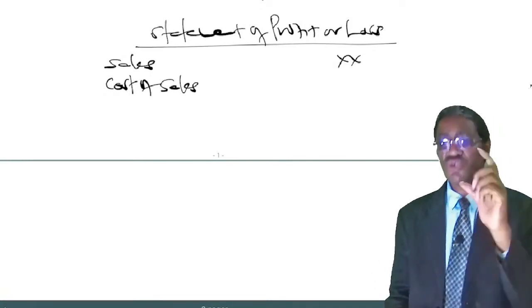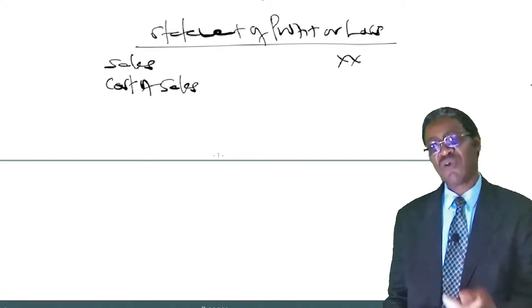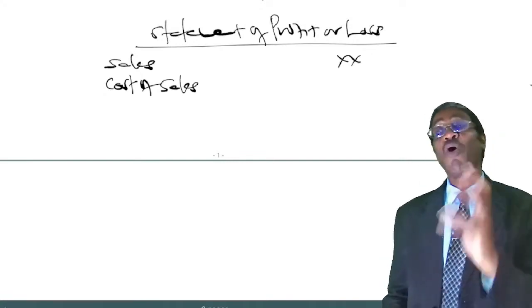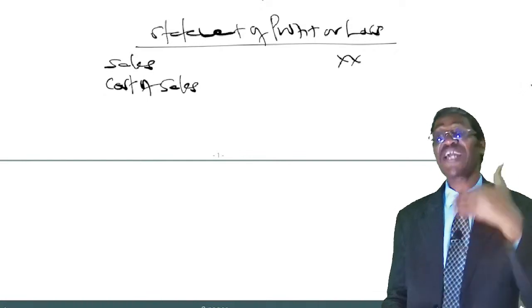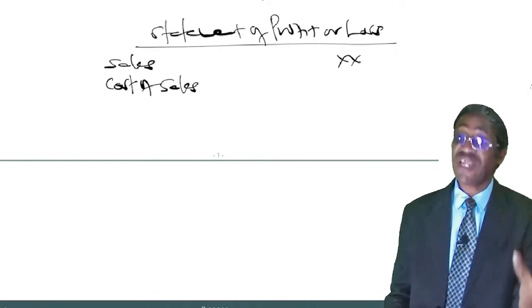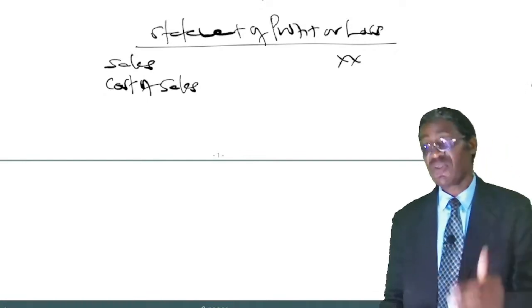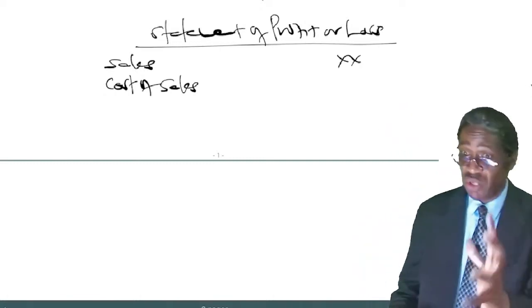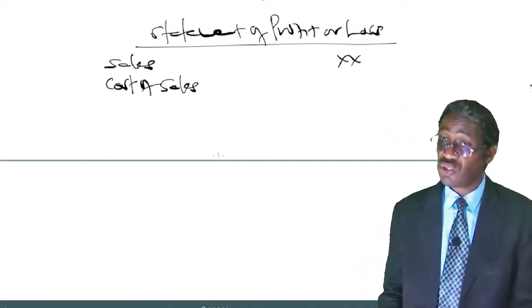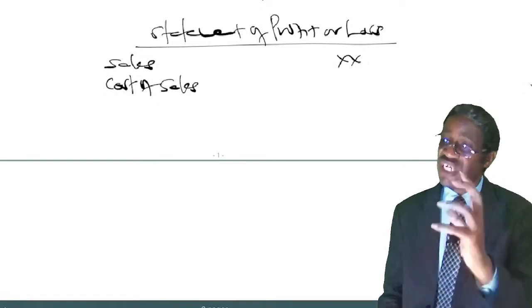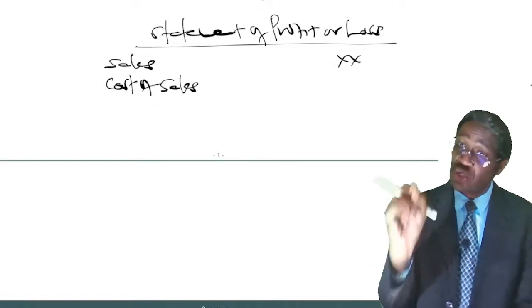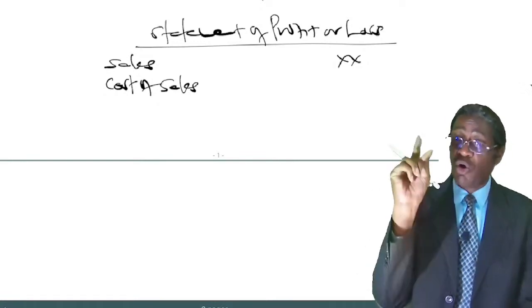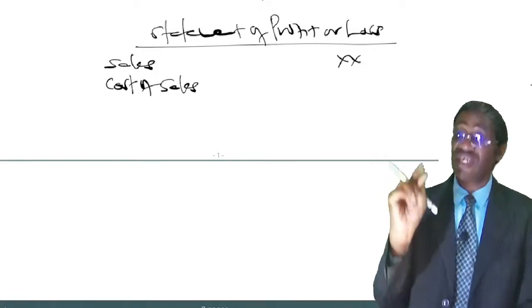You don't show the workings for the cost of sales on the face of the income statement, like you used to do when you did financial accounting. You remember in the foundation level, or what they used to call section 1, you had to show the workings: opening stock, add purchases, less closing stock.